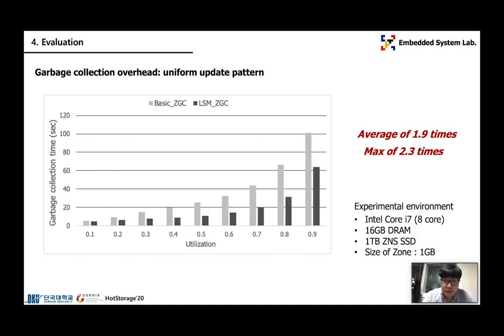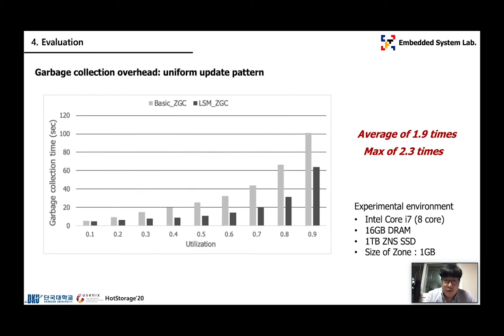This figure shows a comparison between the basic scheme and our proposed LSM scheme. The x-axis is the utilization, and the y-axis is the garbage collection time. In this experiment, we use a write workload that updates data with a uniform pattern.